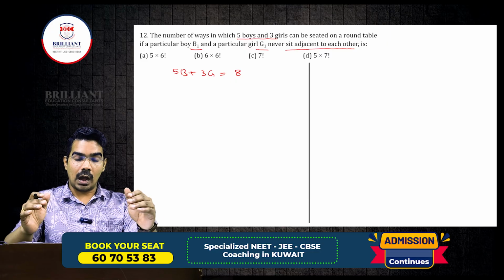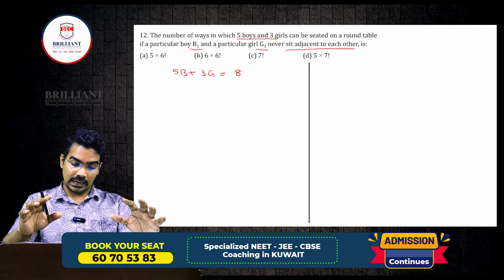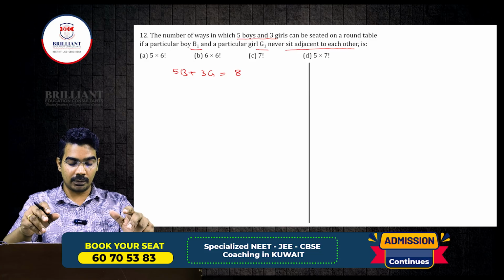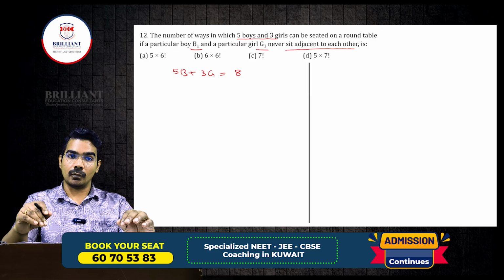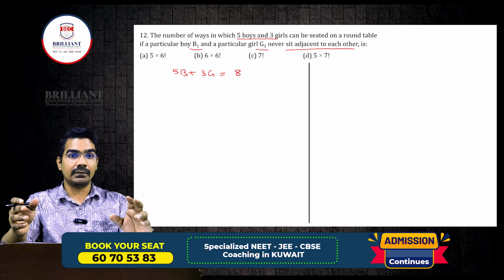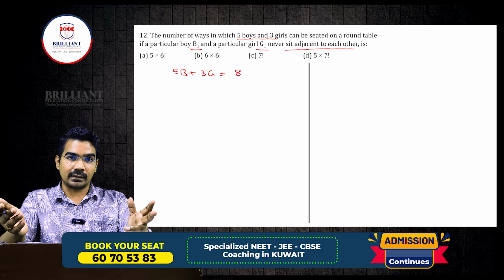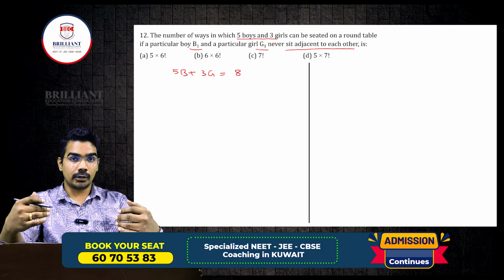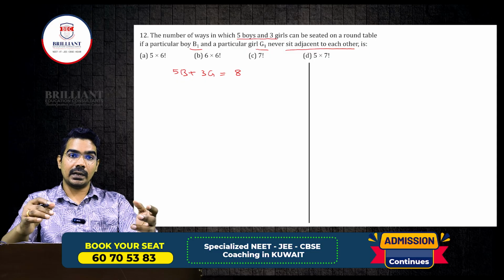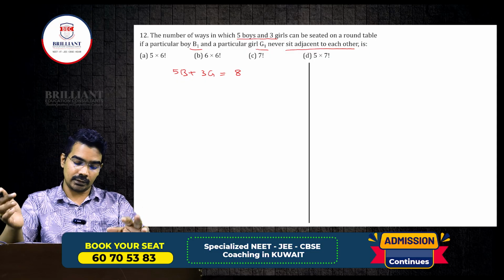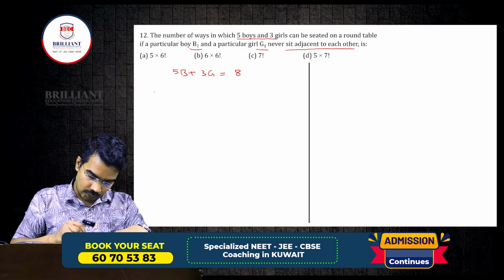So how to approach this problem: first find the number of ways of arranging these 8 people around a round table, then find the number of ways of having B1 and G1 together, then subtract. Then you will be able to find the total number of possibilities where B1 and G1 are never together.